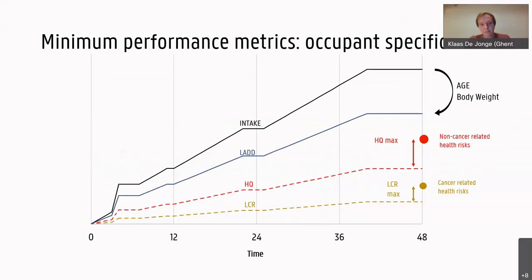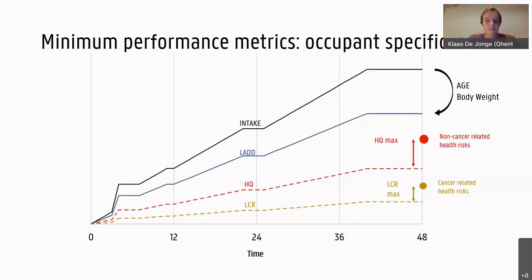The other minimal performance metric we propose is the LADD, the lifetime average daily dose. Why? Because it's very closely linked to metrics used in epidemiological research, the hazard coefficient and the lifetime cancer risk. Also, specifically for Belgium, in our existing framework we simulate adults, but also children and even a baby, which means that we have information about different family members doing different things, having different schedules.